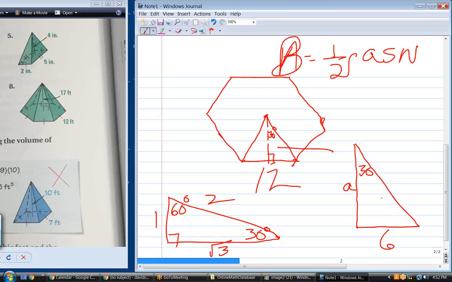How much bigger is this triangle than this? 6 times. Exactly. So the side opposite the 60-degree angle, which is my apothem, must also be 6 times this measurement. 6 root 3.